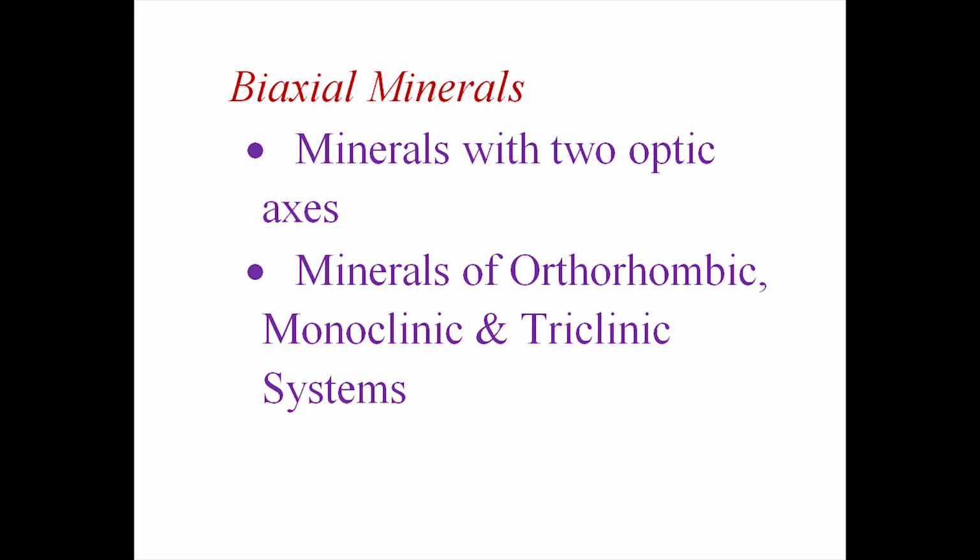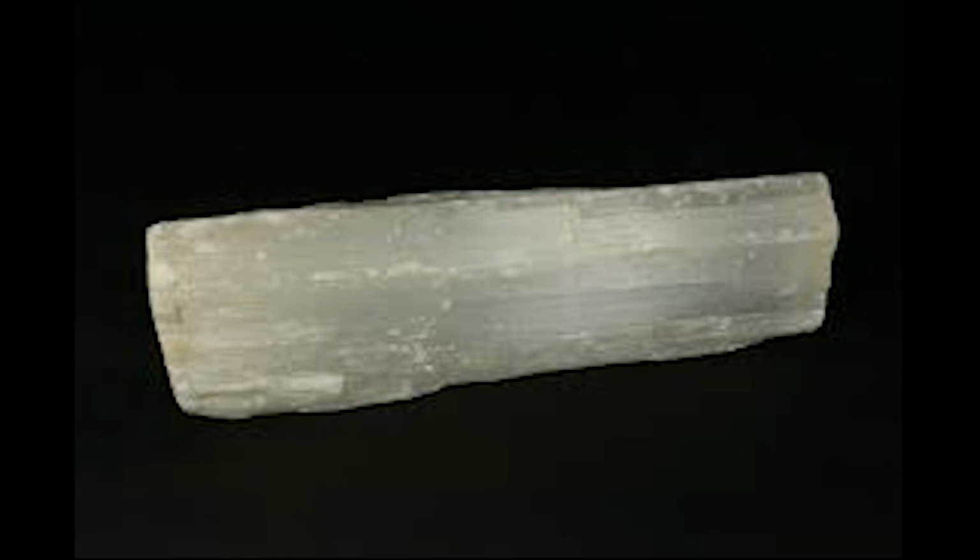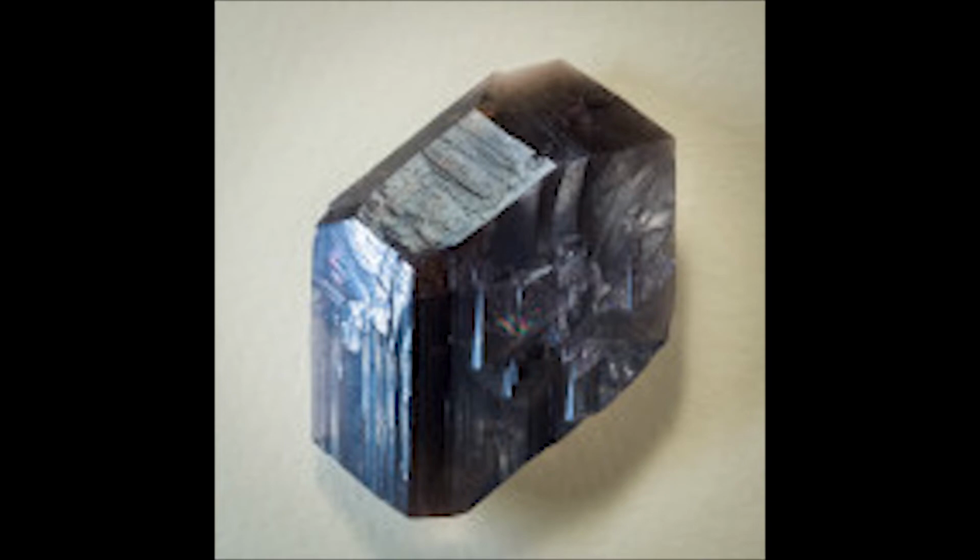So biaxial, the remaining 3 systems: orthorhombic system, represented by barytes, monoclinic system represented by gypsum, and triclinic system represented by axinite as the main minerals, and so many other minerals come under the category of biaxial minerals.